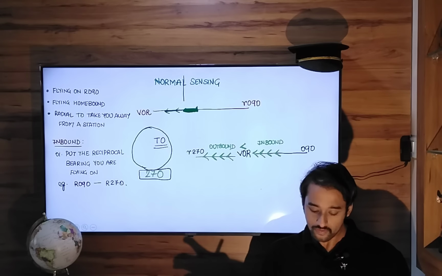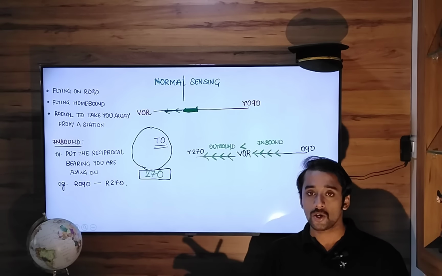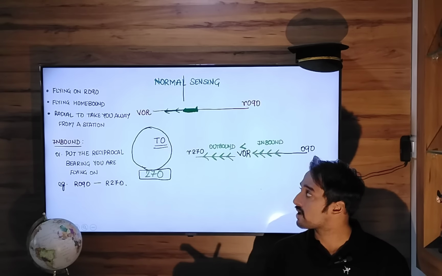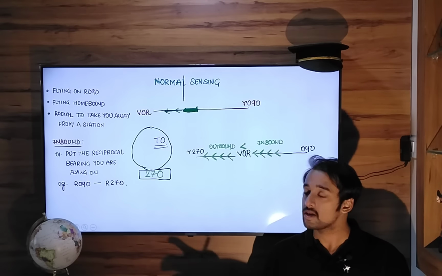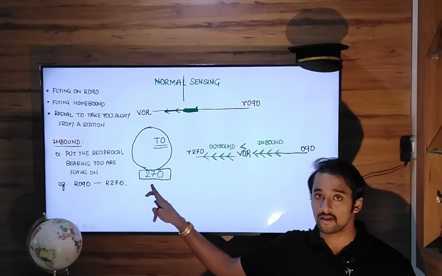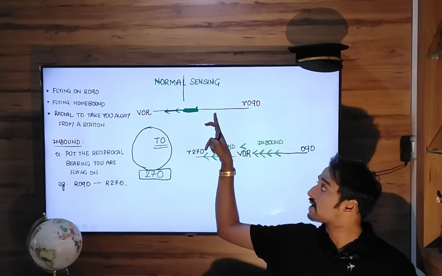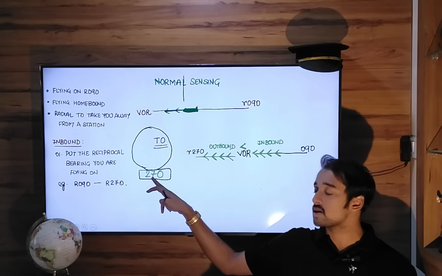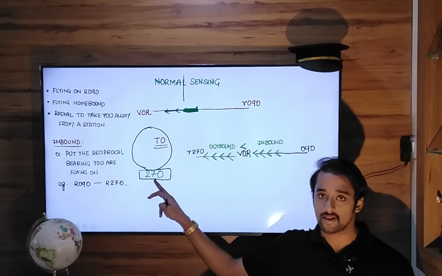Now the second scenario is you are flying along a particular radial and you are flying inbound towards the VOR. The correct procedure, I have told you, when you are flying inbound towards the VOR, is to put the reciprocal radial. So even though you are situated currently on radial 090, since you are flying inbound, you will put the opposite of 090, 270.